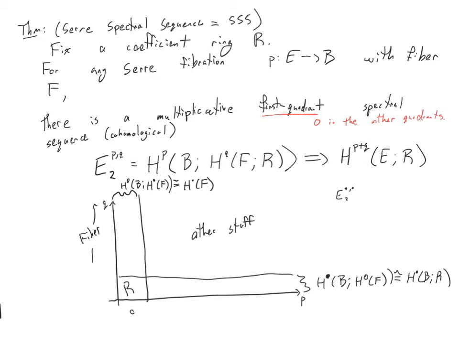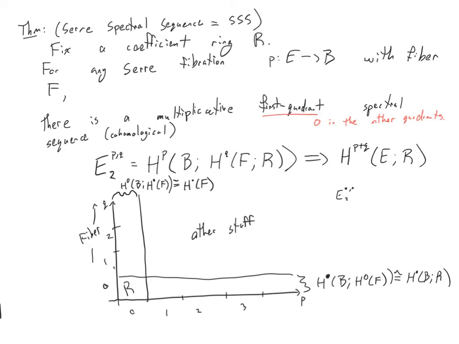So aside from along the 0 axis, in each one of these, 1, 2, etc., all of the non-zero groups on this page are in this range, and over here we have 0, and down here, and over here. So that's why it's first quadrant.